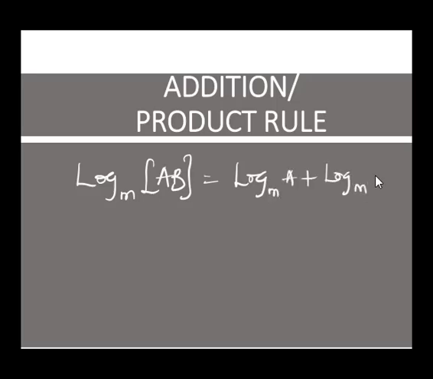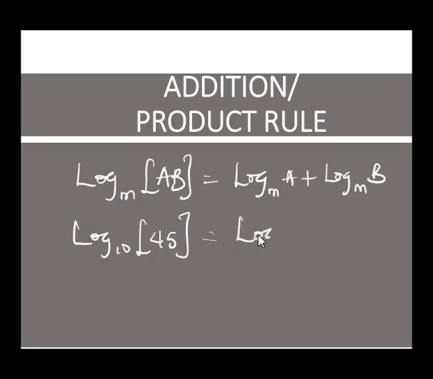Now, if you have an equation that says log base m of ab, this is the same thing as log m a plus log m b. For instance, if you have something like log base 10 of 45, you know 45 can be broken down as what?